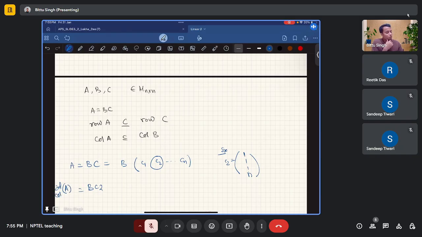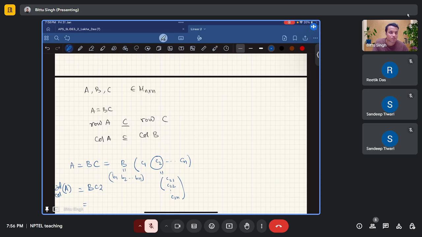But can you see BC2 can be written as a linear combination of columns of B? Suppose C2 is C21, C22, up to C2n, and B has column vectors B1, B2, up to Bn.